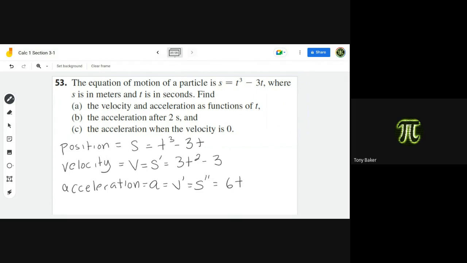Yeah. Okay. What's the acceleration when the velocity is 0?